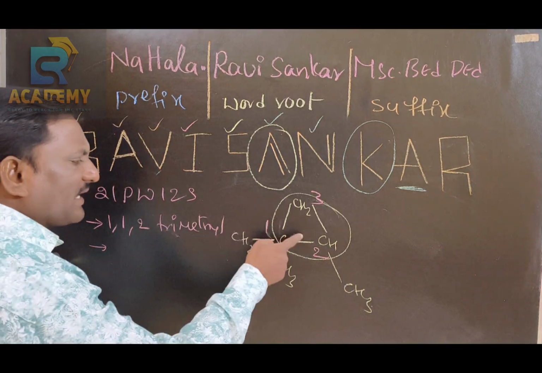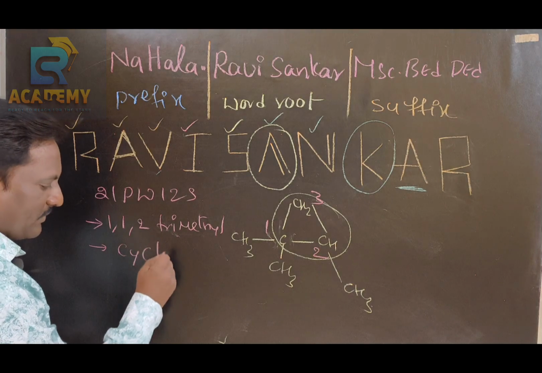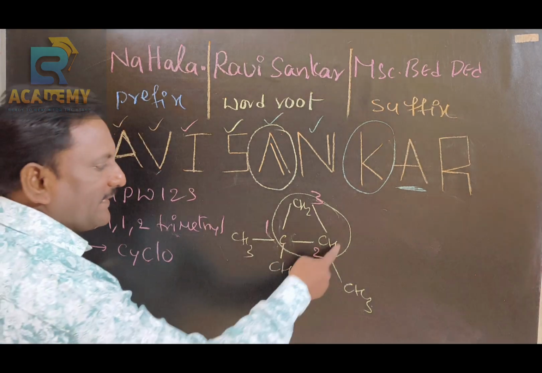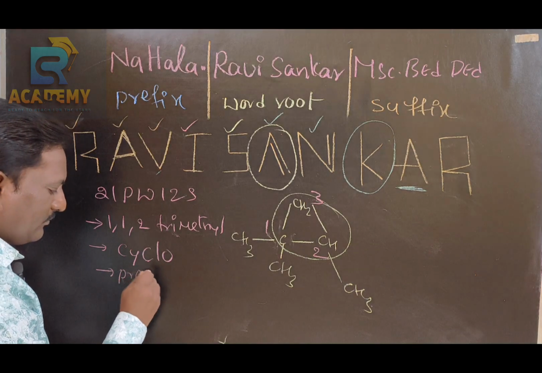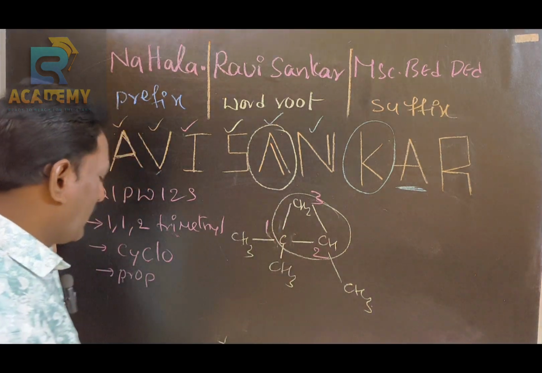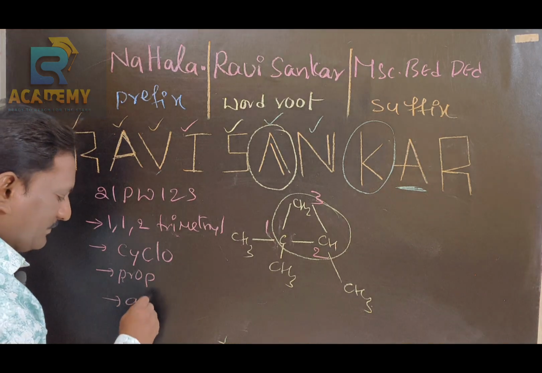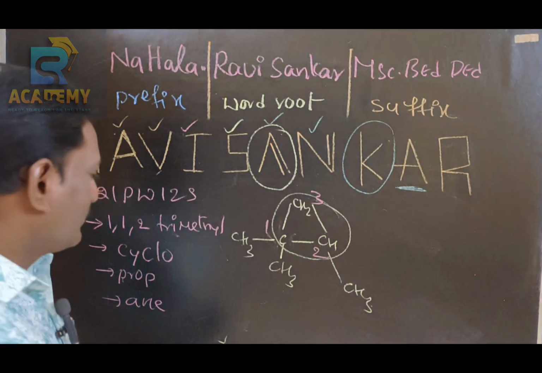Primary: it is a cyclic compound, yes, cyclic. We should use the word cyclo. Word root: only 3 carbon atoms in the parent chain, so pro. Primary suffix: only single bonds between carbon and carbon, so ane. What is the name of this compound? Yes, you're right.